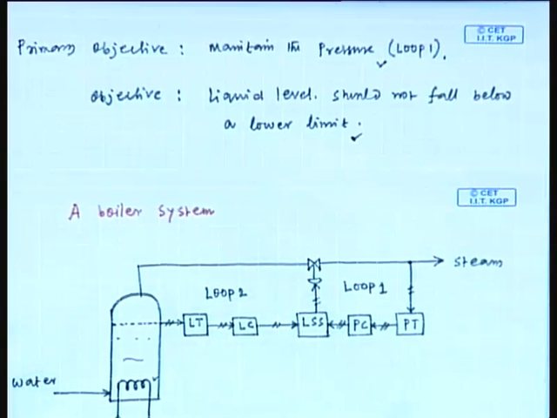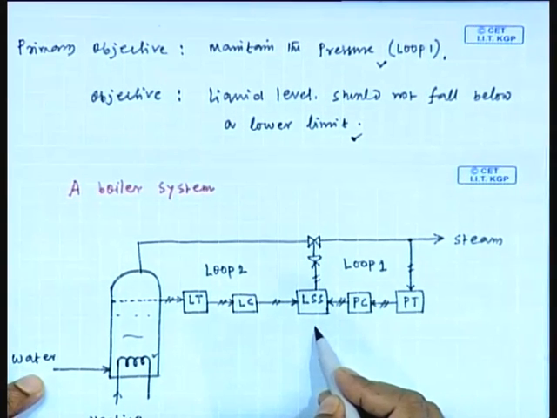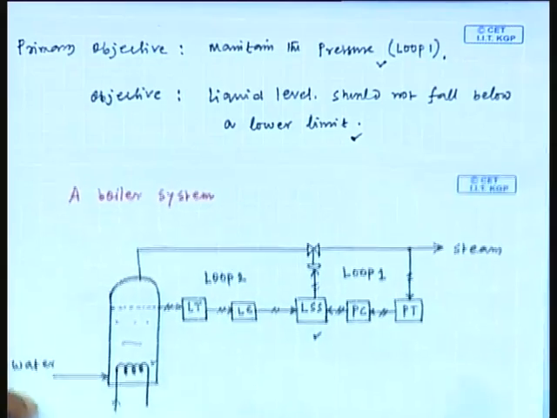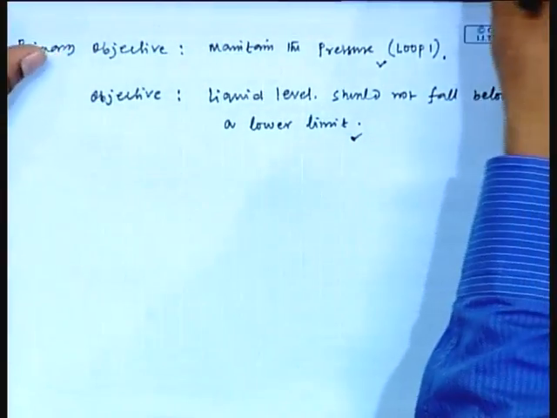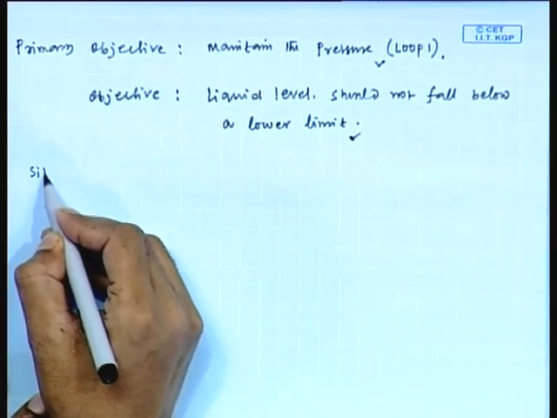So, which switch we can select? LSS, because it prevents to exceed the lower limit. Therefore, we have selected here LSS. Now, we will consider one situation, how it functions.